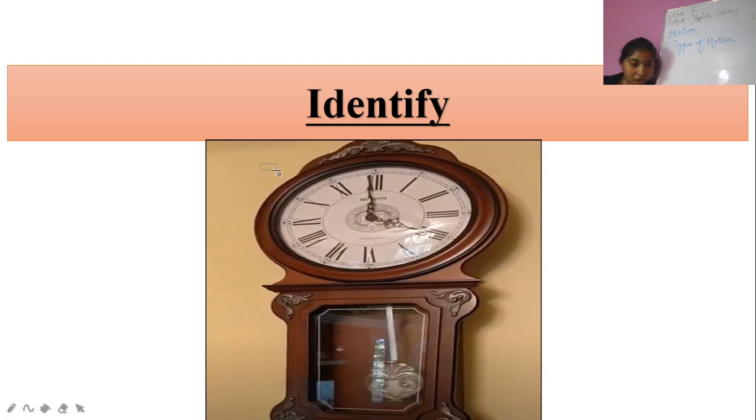In the upper part we have a clock, so it is showing a circular motion, right? You can see at the bottom of it there is this kind of shape which is moving this way. What do we call that motion? First it comes here, then moves to here, then again here. So what kind of motion is it following?